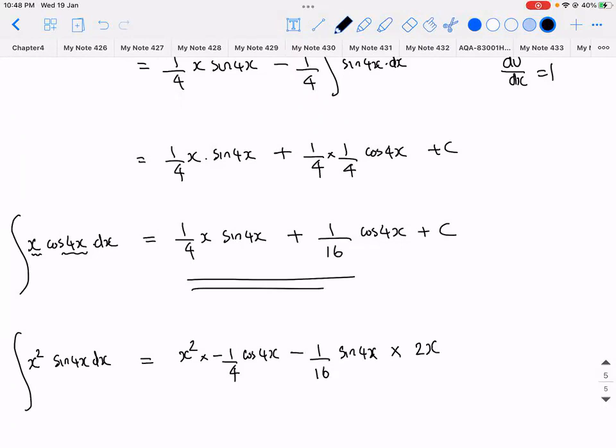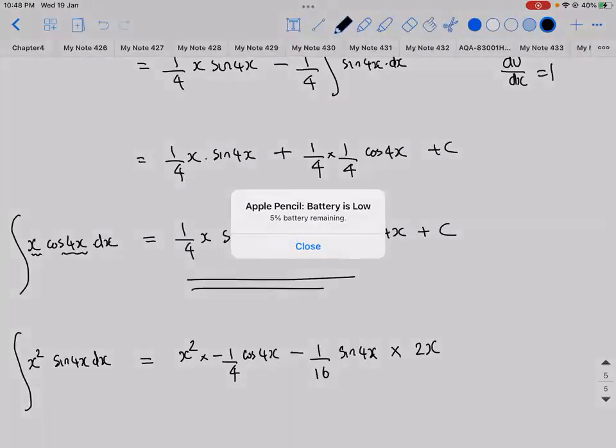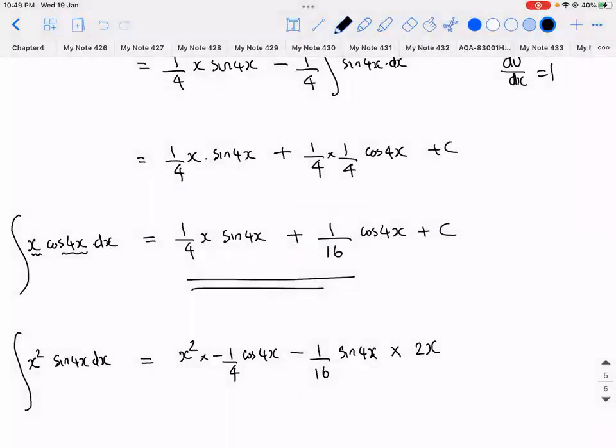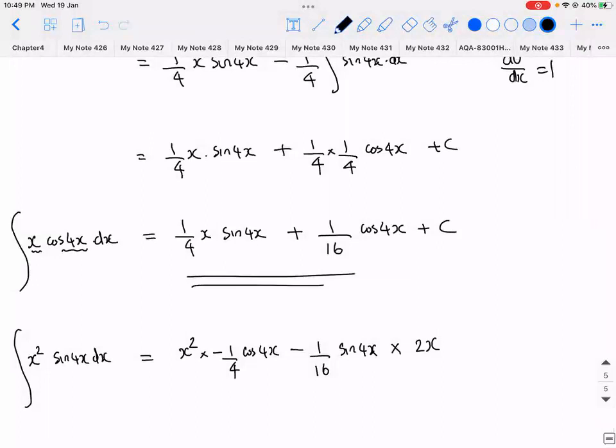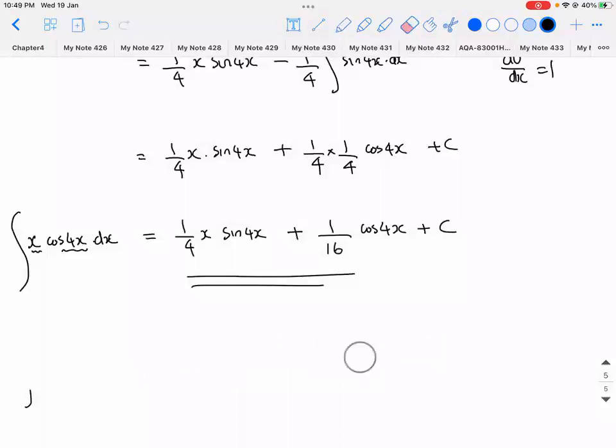The derivative of x square is 2x. Then again, we have to do the same process. Or else we can straight away apply the formula.